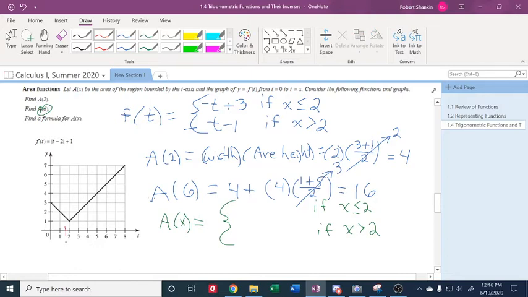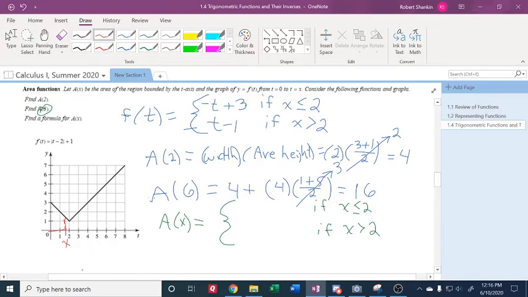Suppose x is over here and the x is less than or equal to 2. So I put it to the left of 2. If that's the case, then I'm trying to find the area up to here.